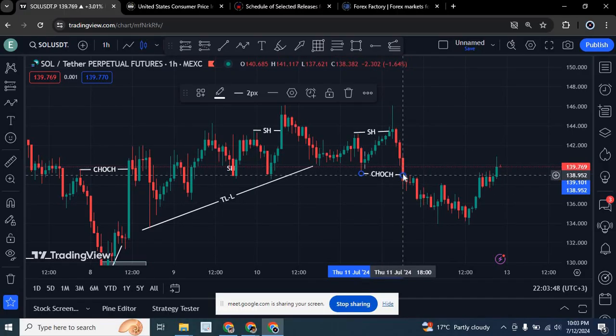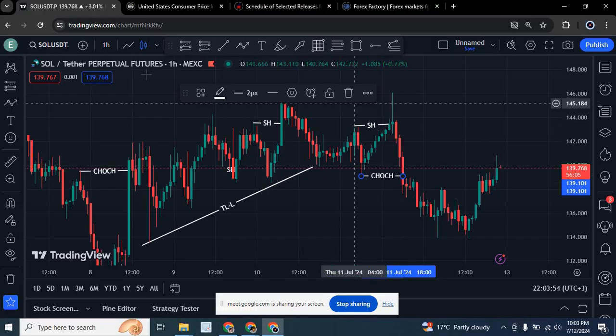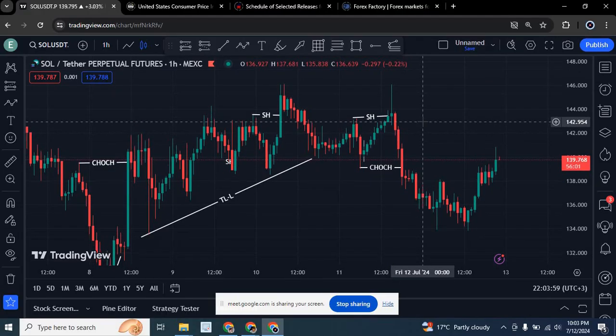Yes, I thought the trend should be bigger. What do you mean by bigger? Like that uptrend, the bullish one, it is like a small one. Yes, it's a small one, but still a stop hunt. Remember, a stop hunt is just any place where you are stopped out of that trade.